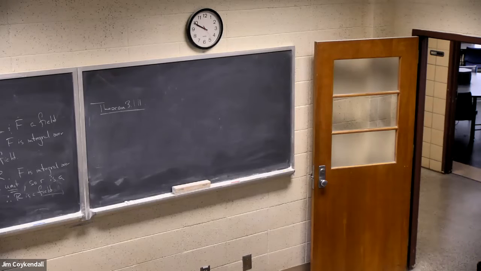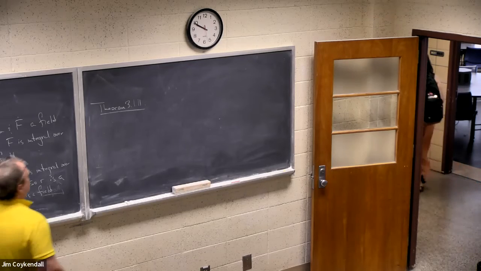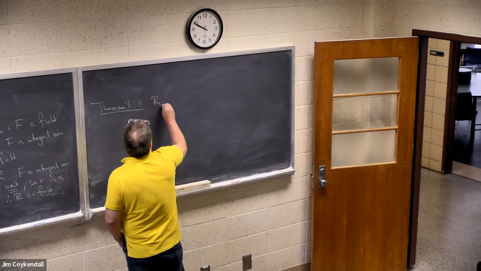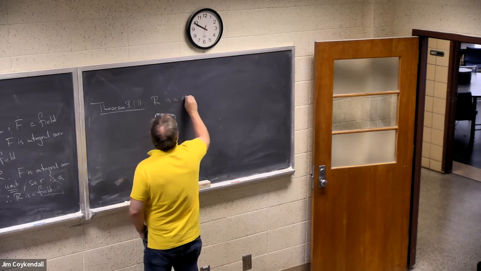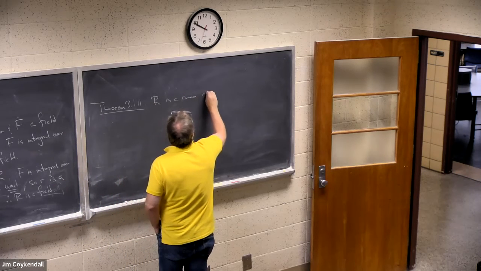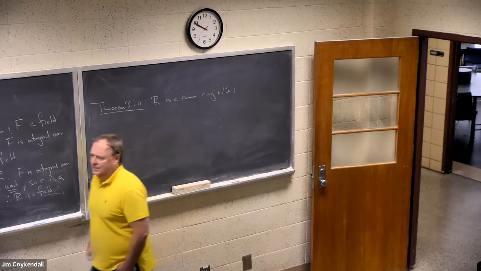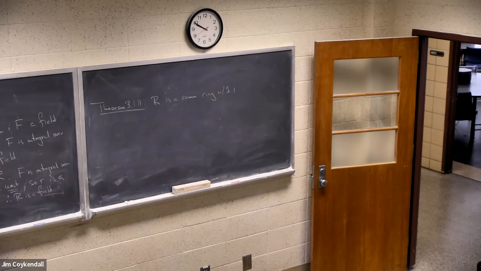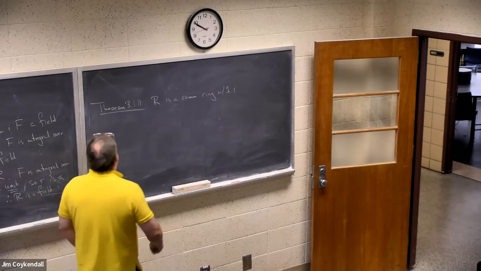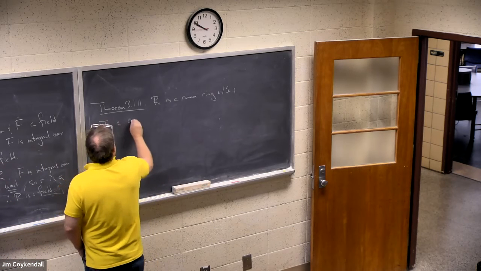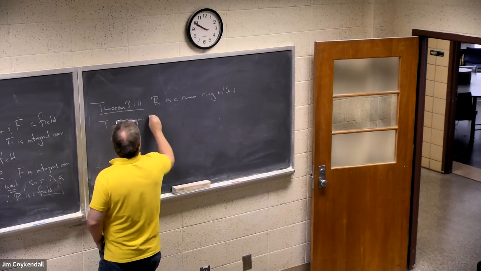Let T be a commutative algebra over R, where R is a commutative ring with one.